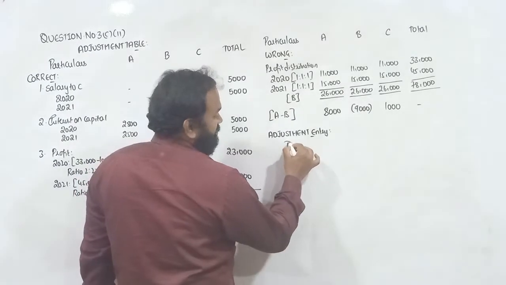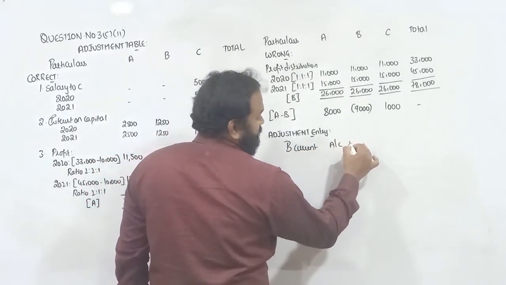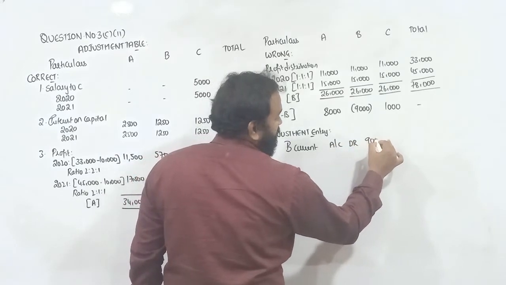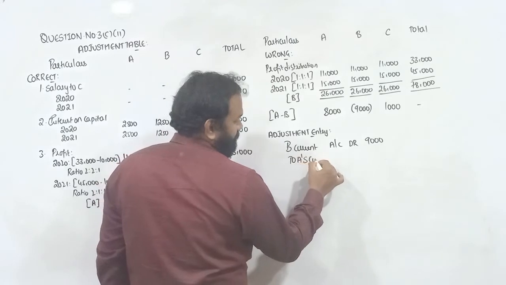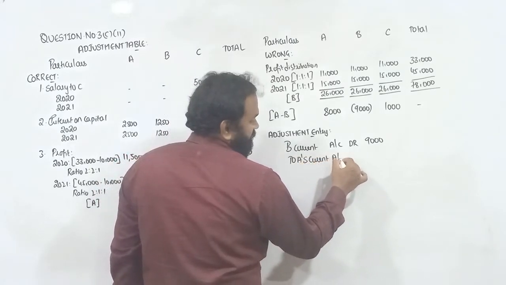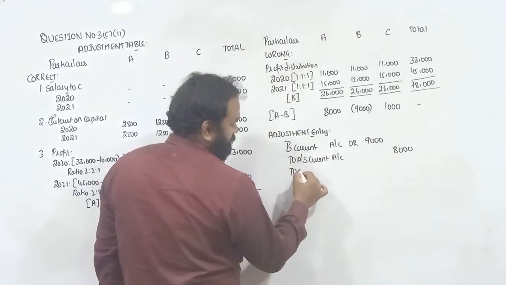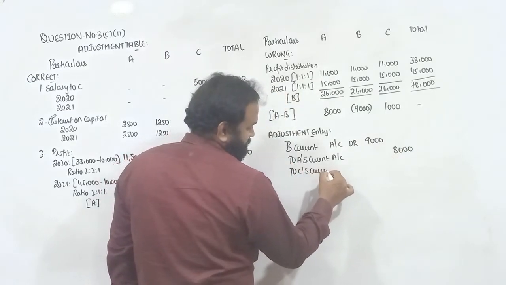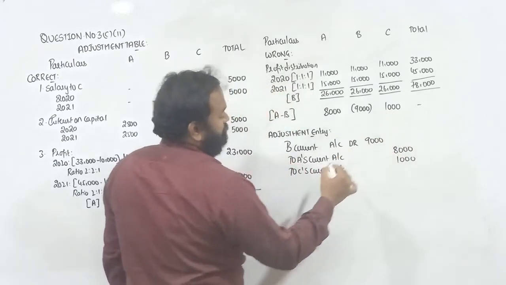Now, what is the journal entry? B's current account debit 9,000 to A's current account 8,000, to C's current account 1,000.